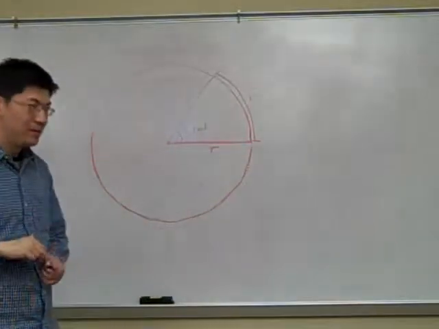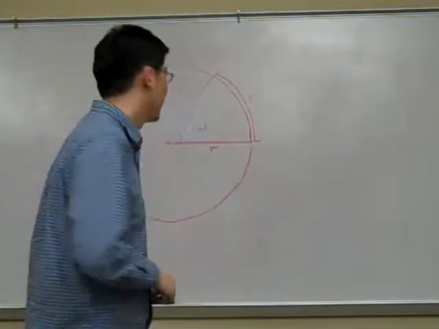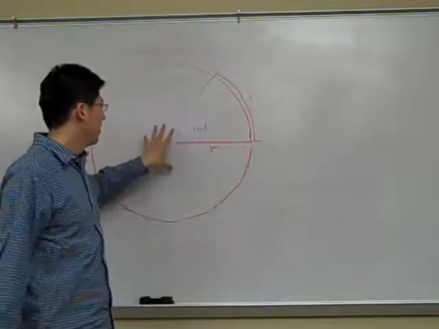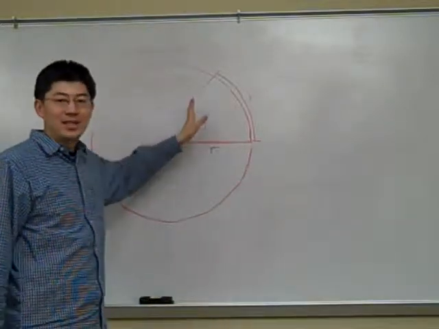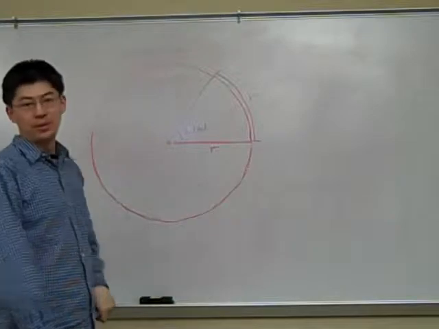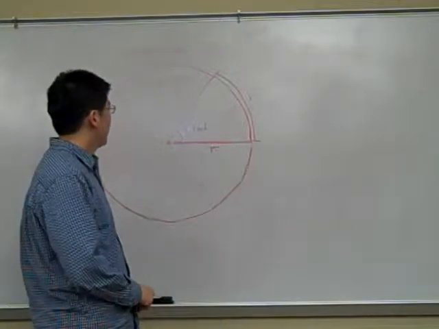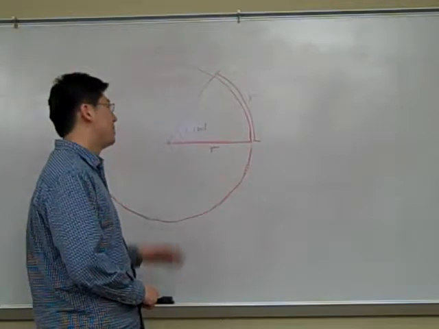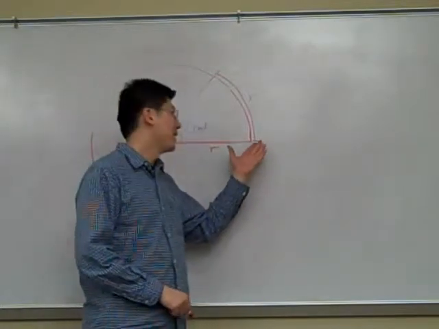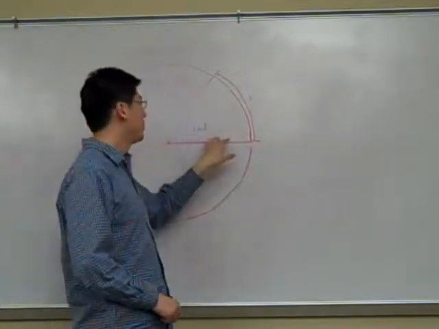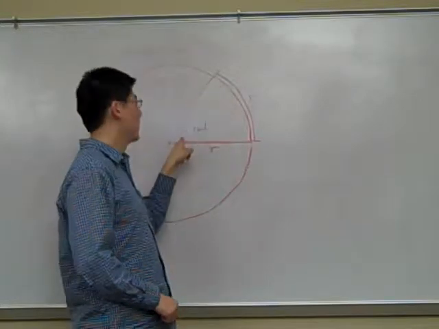Okay, so what does this mean for us, what is the difference between radian and degree, and how do we actually map between the two? Now, how many radians are there in a full circle? Well, remember, 1 radius length is 1 radian.